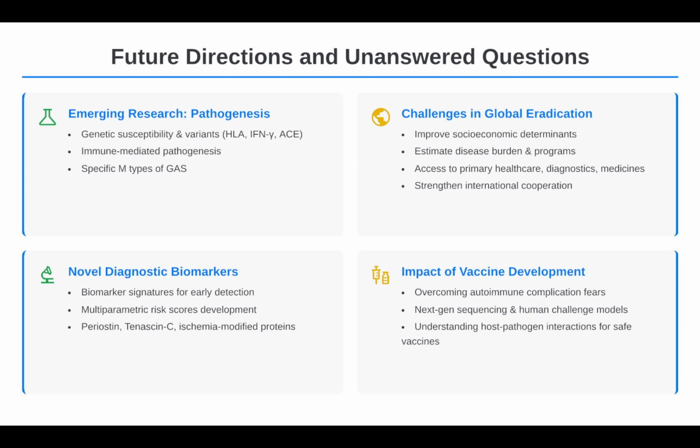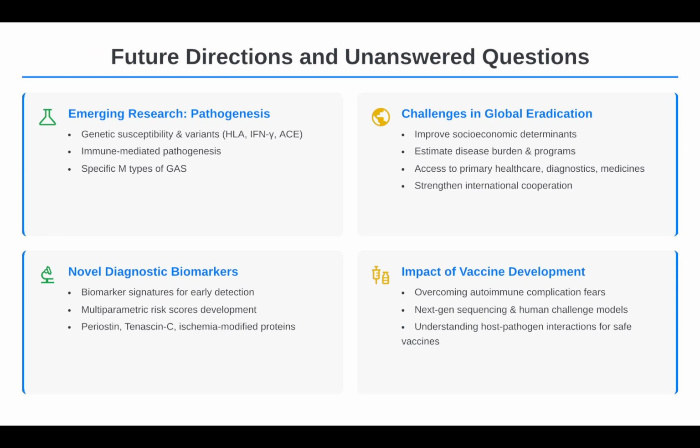Let's briefly look at the horizon, future directions and unanswered questions in acute rheumatic fever. The guidelines' further reading section points to ongoing research, including critical studies on risk factors by Baker, revisions to Jones criteria by Gewitz, and comprehensive reviews in texts like Nelson's. We continue to deepen our understanding of acute rheumatic fever pathogenesis and immunology.